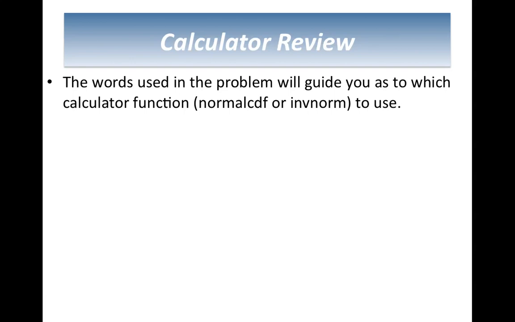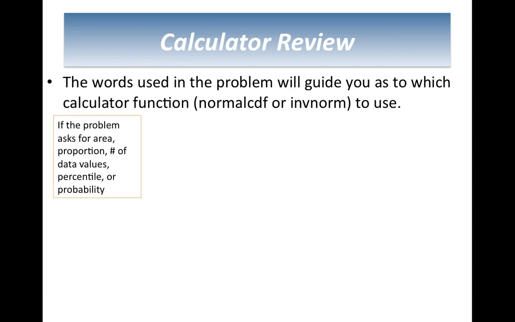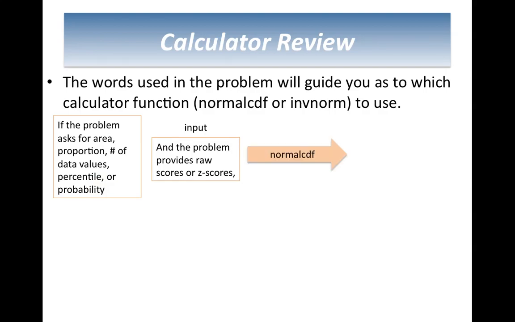Okay, so on our calculator, let's remember that if the problem asks us for area, like area under the bell curve, or it asks us for the proportion, or it asks us for the number of data values, or it asks us for a percentile or probability, then we use normal CDF.